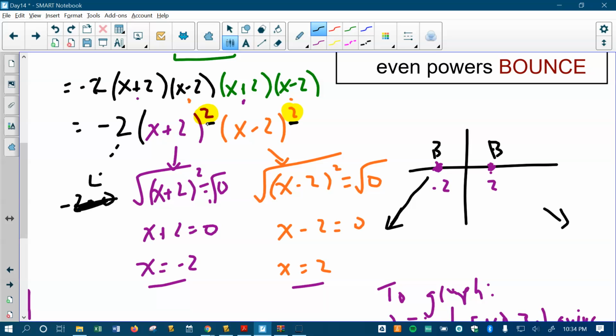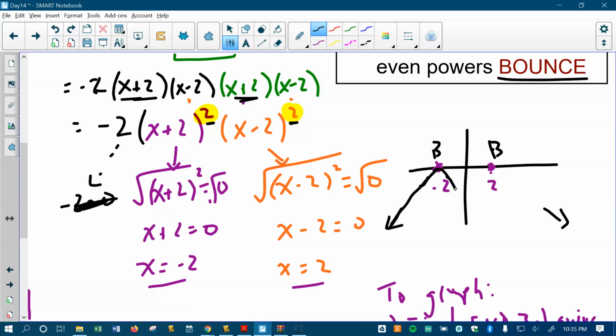And we saw that the factor appeared 2 times. When a factor appears 2 times, the graph does not cross the x-axis. It bounces. So when I'm drawing my graph, I'm going to go ahead and bounce.